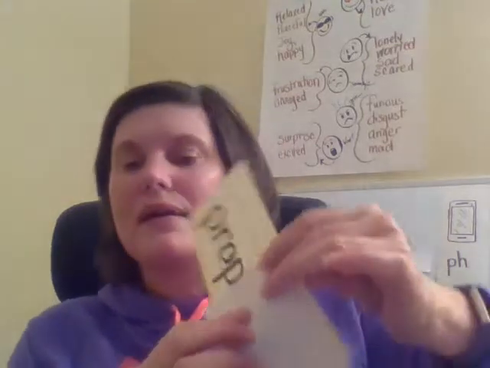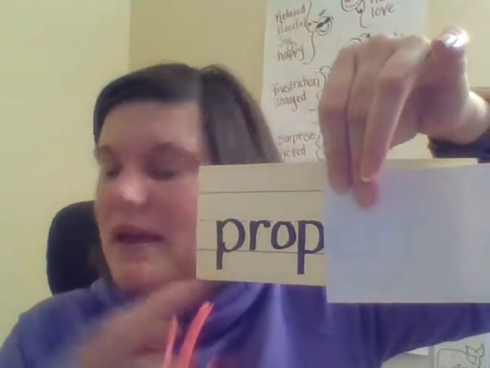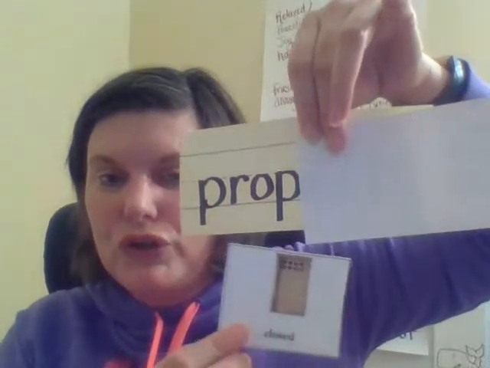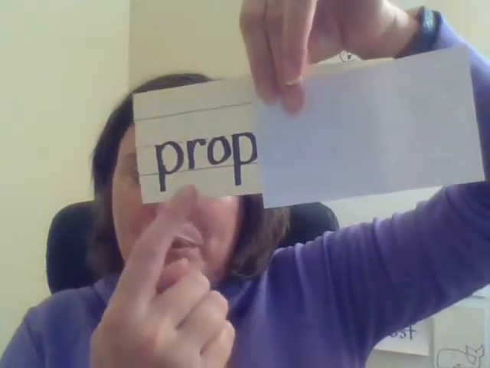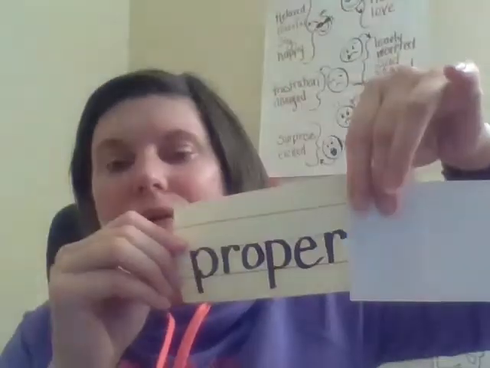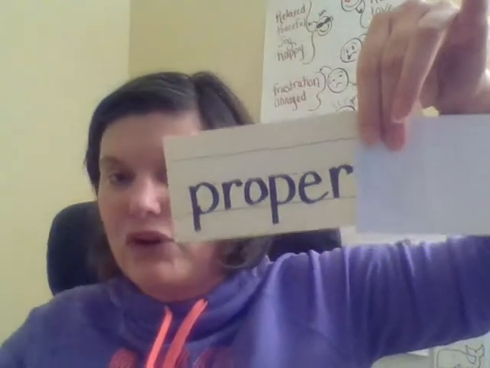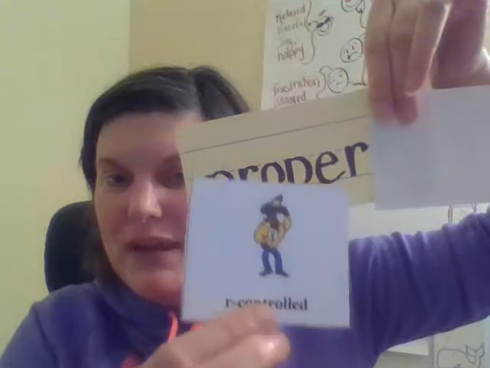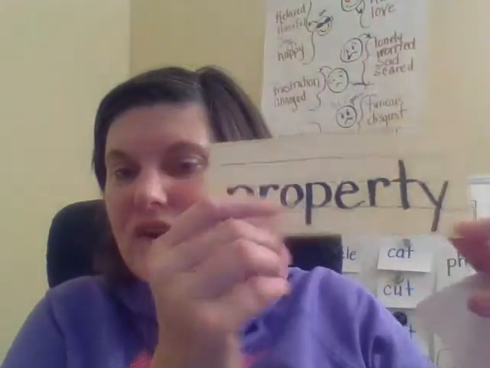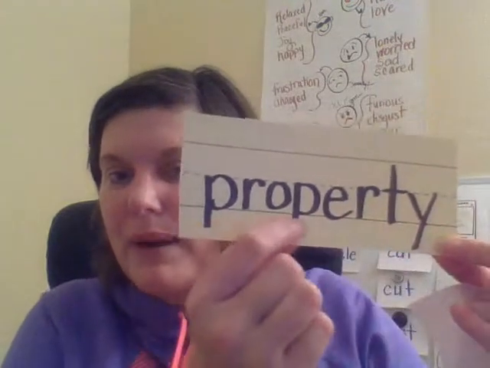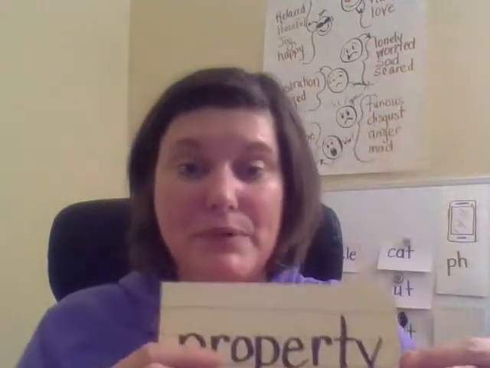Now let's try another one. Okay, ready? This one is a closed syllable type, so it's short O, prop. And then now we have an R-controlled syllable type, er, and then our sight syllable T, property.